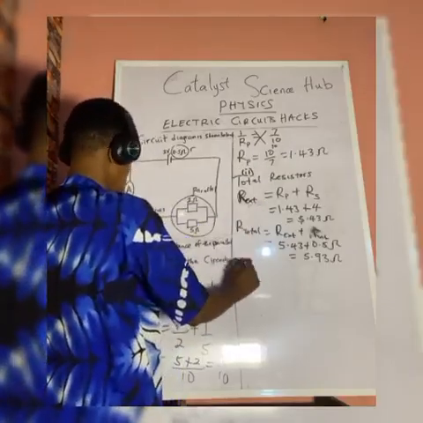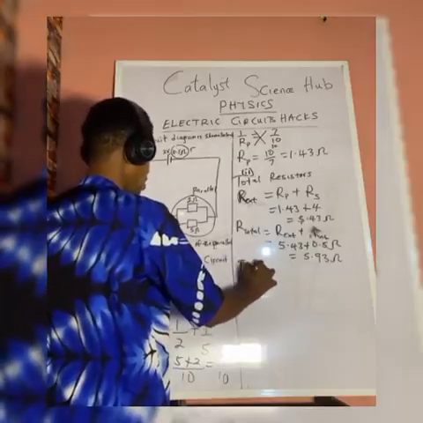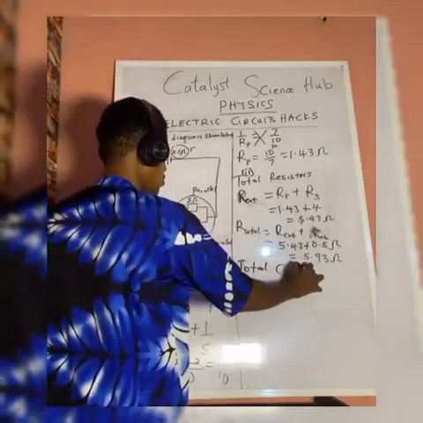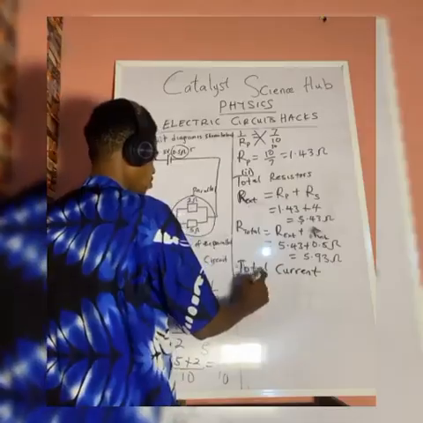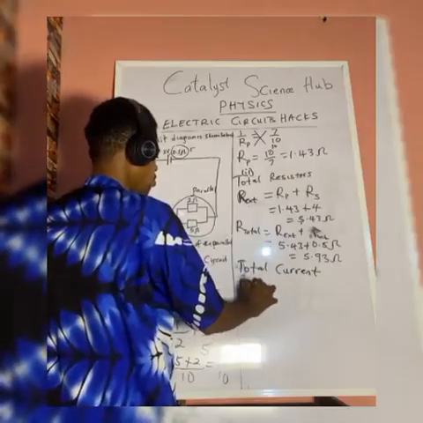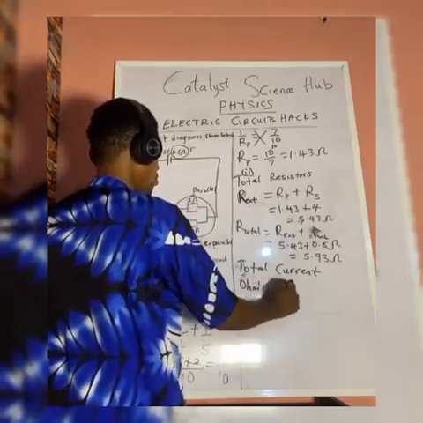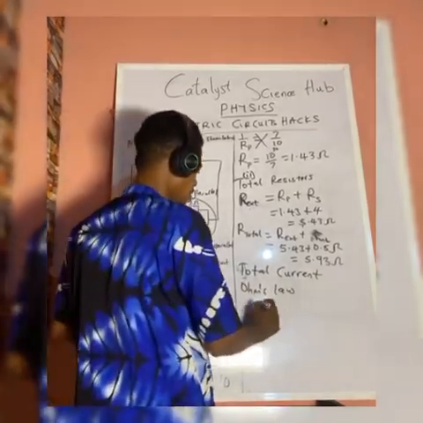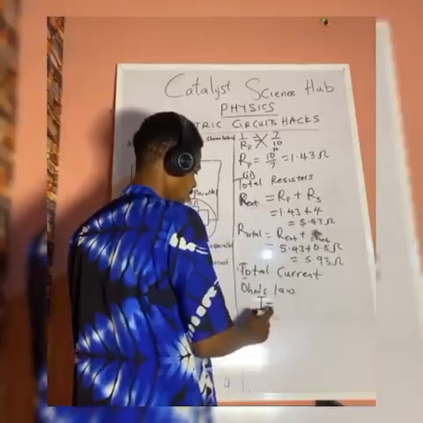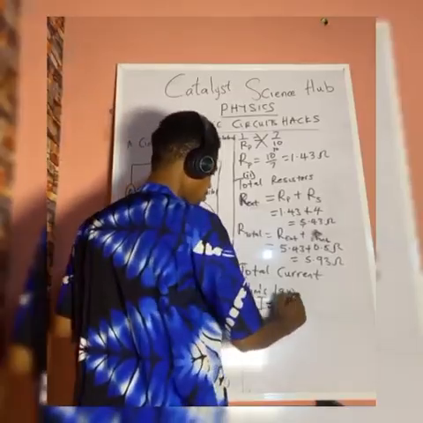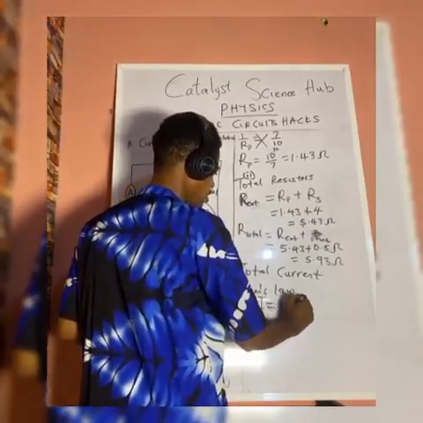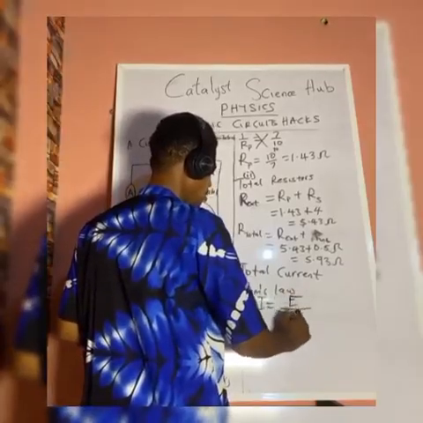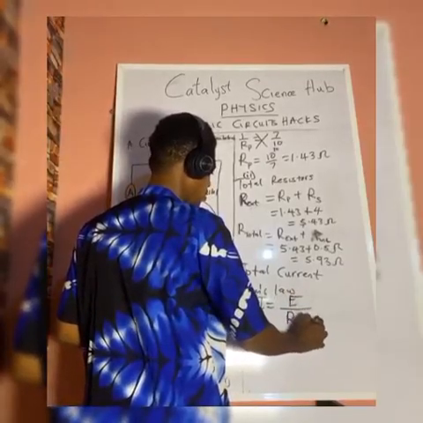Now the total current. According to Ohm's law, current equals E over R total.